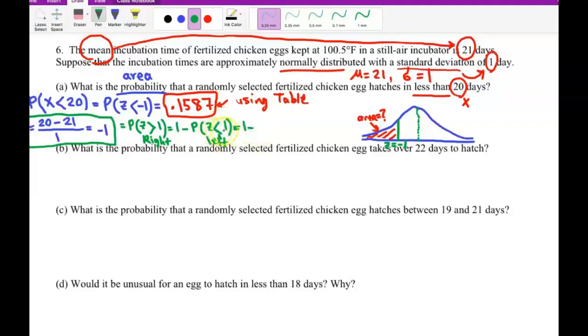So 1 minus, when z is equal to 1, using the table the area is 0.8413. And the answer again is 0.1587. So you can use either method, this one or this one.